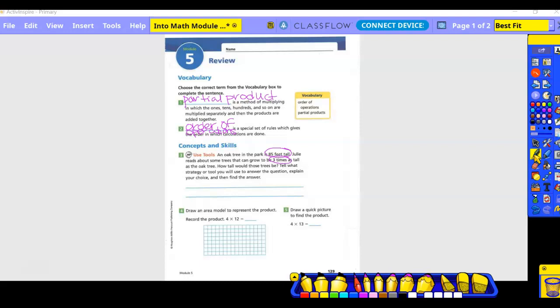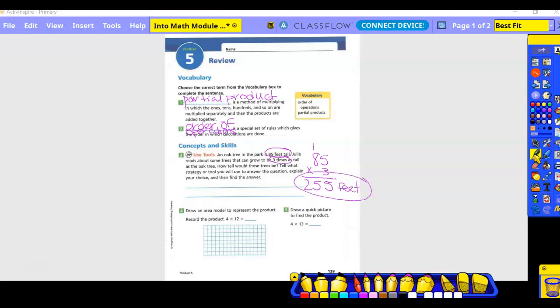And what would be the regular strategy? Just vertically write it, right? And do 85 times 3. So 3 times 5 is 15. Carry the 1. 3 times 8 is 24. Plus 1 is 25. So 255 feet.